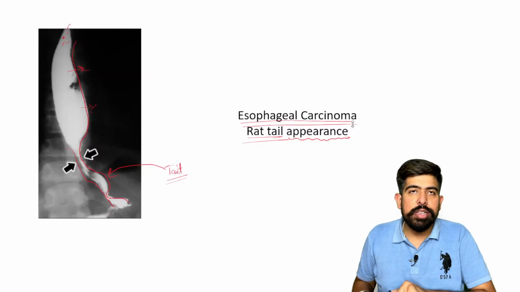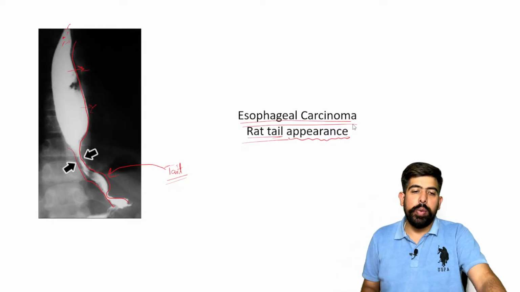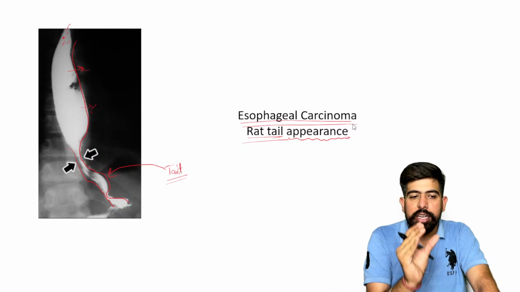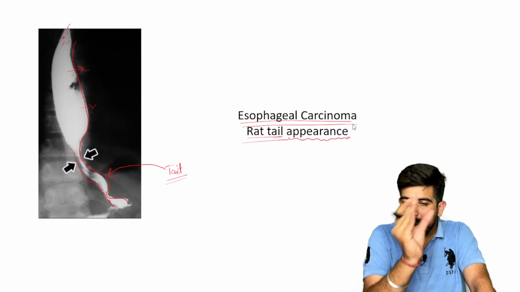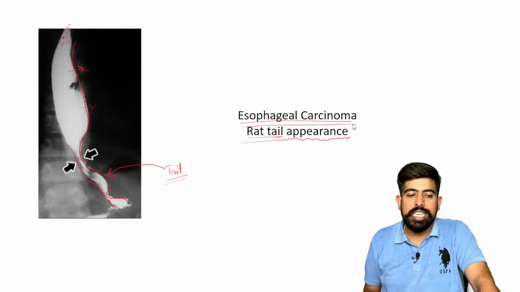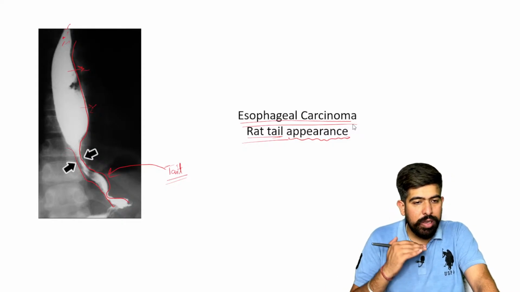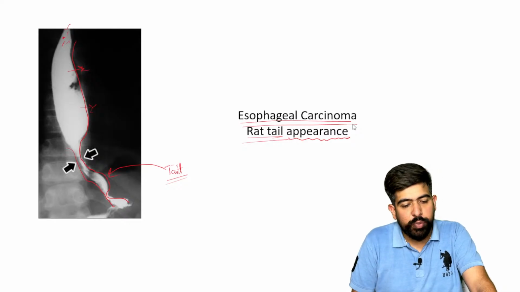And if I'm talking about esophageal cancer, which is the rat tail appearance, you guys can see that a narrowing starts, and then it is an irregular narrowing, guys. It is not regular, it is irregular narrowing, which seems like the rat tail appearance. So bird beak appearance, achalasia cardia; rat tail appearance, esophageal carcinoma.